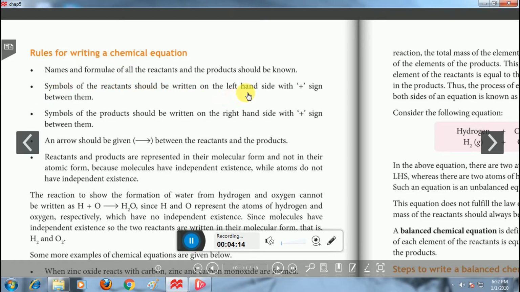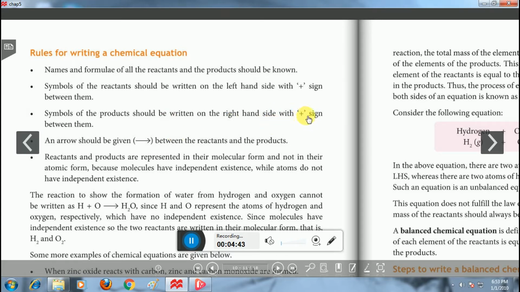Symbols of the reactants should be written on the left hand side with a plus sign. This plus sign signifies that they are reacting to produce products. Symbols of the products should be written on the right hand side with a plus sign. If more than one product is formed, it should be written with a plus sign, but on the product side it never signifies that the products will react.